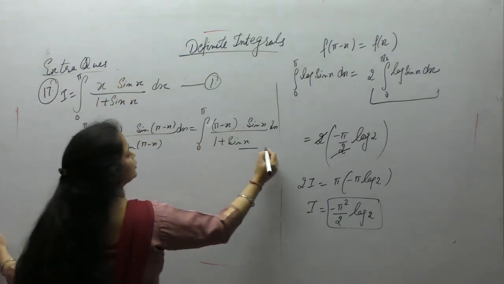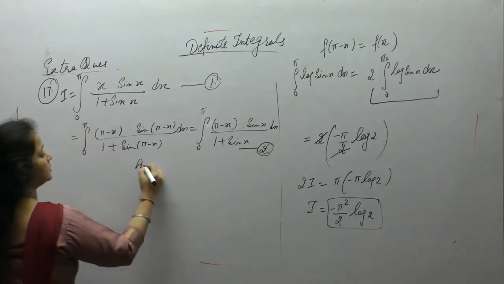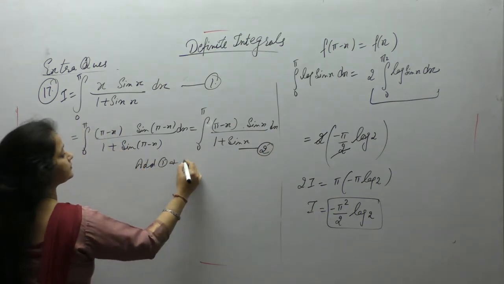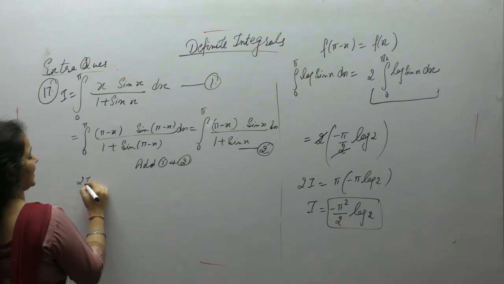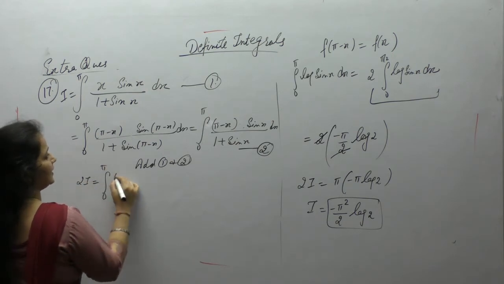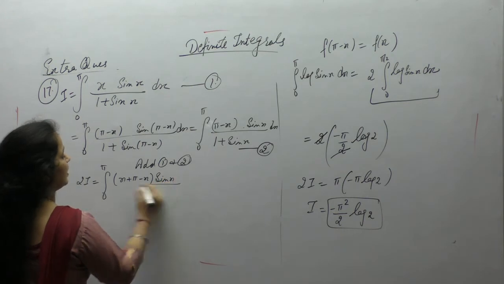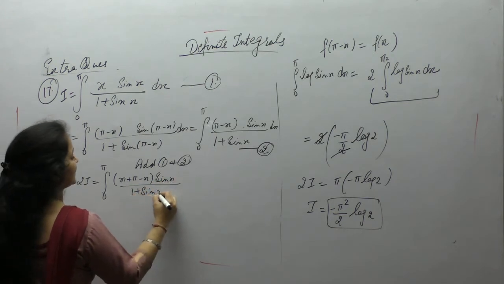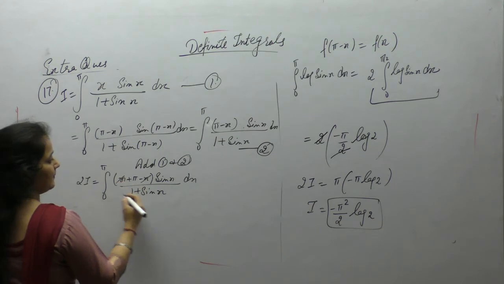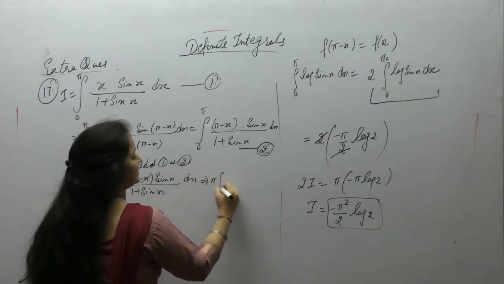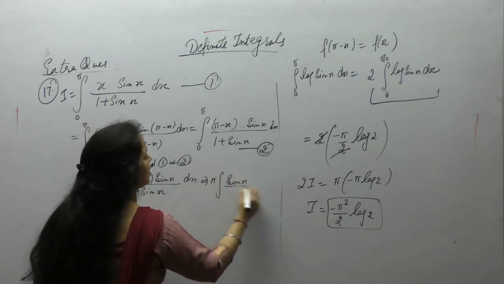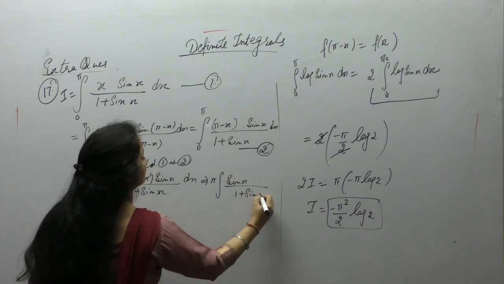Now add 1 and 2. 2I, 0 to pi, x plus pi minus x, sin x upon 1 plus sin x dx. Pi is constant. Integral of sin x upon 1 plus sin x.